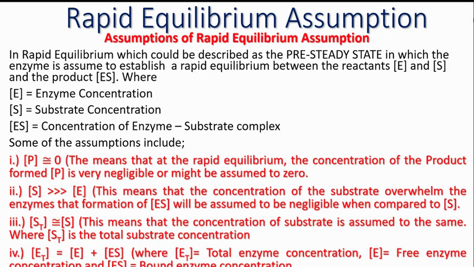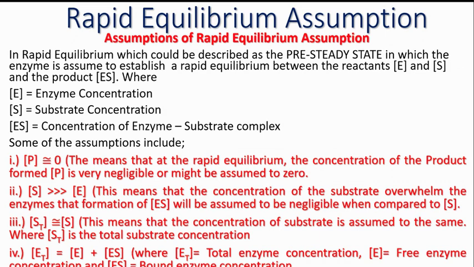This assumption might not be really correct, since some enzyme catalytic reactions could occur within milliseconds once the reaction starts. But this is an assumption we are making, that at this pre-steady state we don't have product.